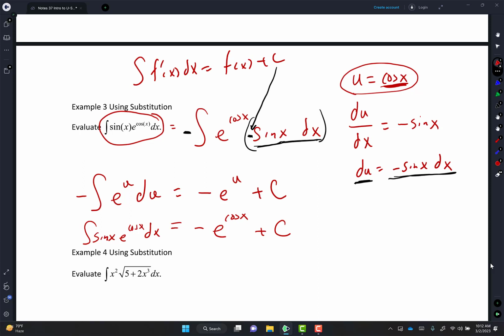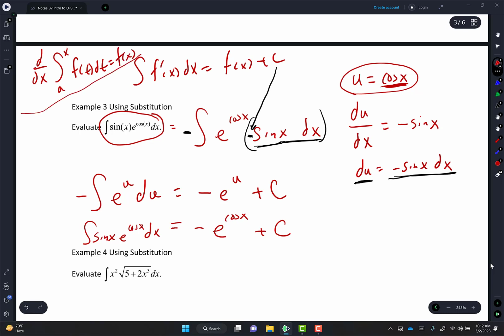But remember, the fundamental theorem of calculus just states, if I take the derivative of the integral from some constant a to x of f of t dt, it's just going to be equal to f of x. So remember that, because of that, we just drop the dx. You're just doing the antiderivative of your expression. Okay. All right.